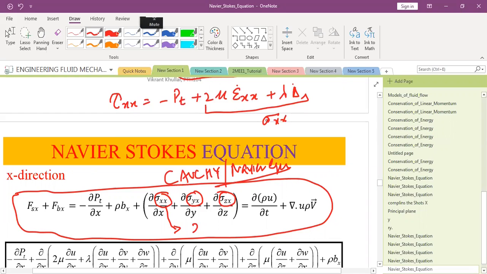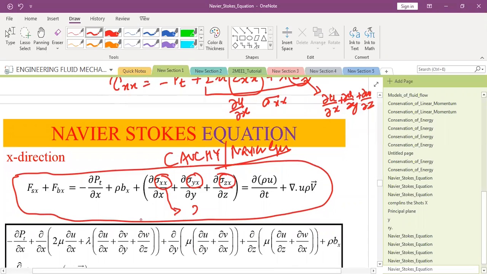This is the viscous force component, sigma xx. So what is sigma xx? Simply 2 mu E dot xx plus lambda delta dot. And what is E dot xx? Curly u by curly x. What is delta dot? In general, it is curly u by curly x plus curly v by curly y plus curly w by curly z. Is that clear?